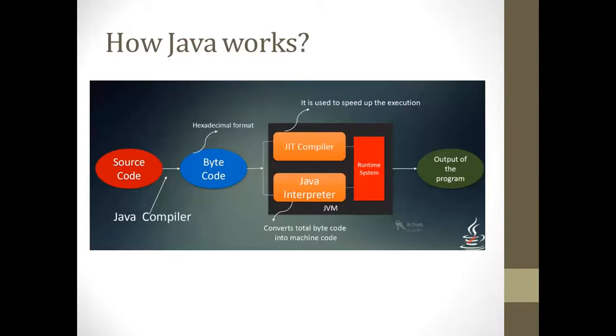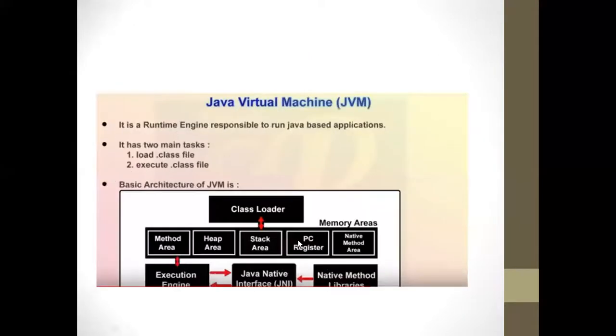It will help you in knowing how a Java program runs. This is the main architecture that will help us understand how everything works under the JVM, the main architecture of the JVM structure.